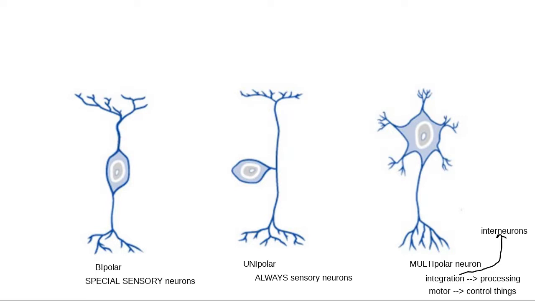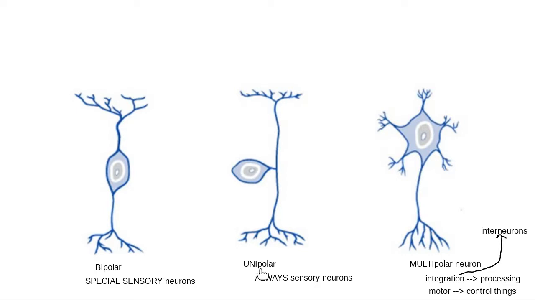This is going to be stuff like vision and hearing, smell. So your special senses are done with bipolar neurons. The rest of your sensory information, like touch or temperature, that's unipolar neurons.